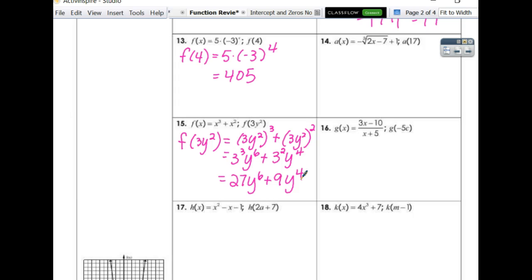So let's do number 16. I want f of negative 5c, or g of negative 5c. Now what do I do?